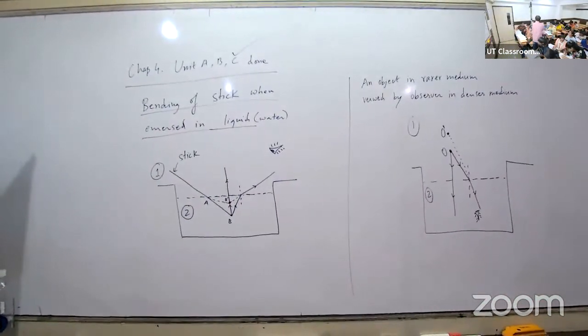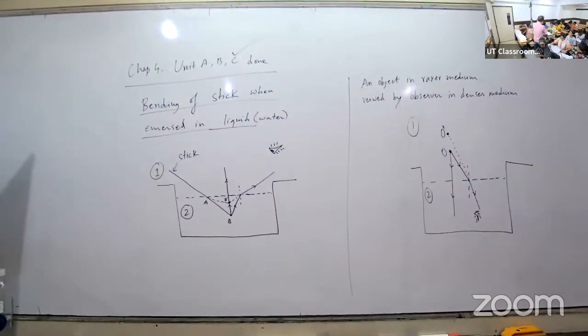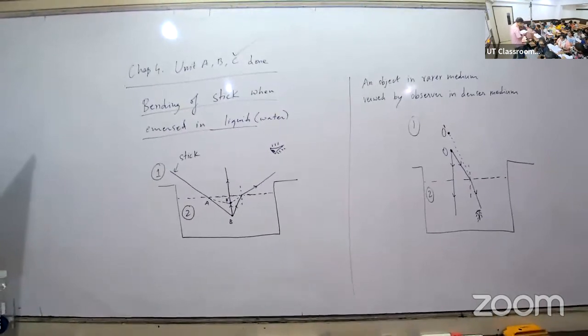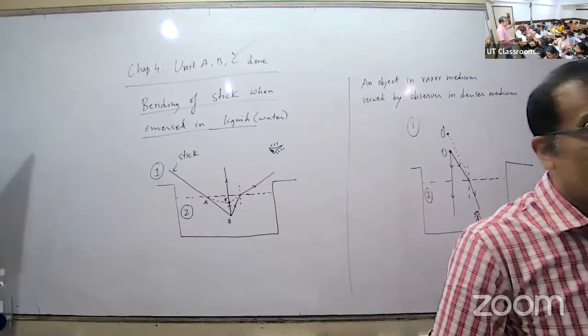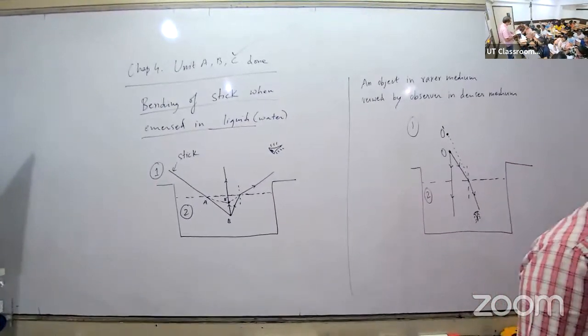ये करा दिए थे? ये भी करा दिए थे. I think we have discussed all this. So there are 3 numericals. My book. How many numericals are there? We have done the numericals.